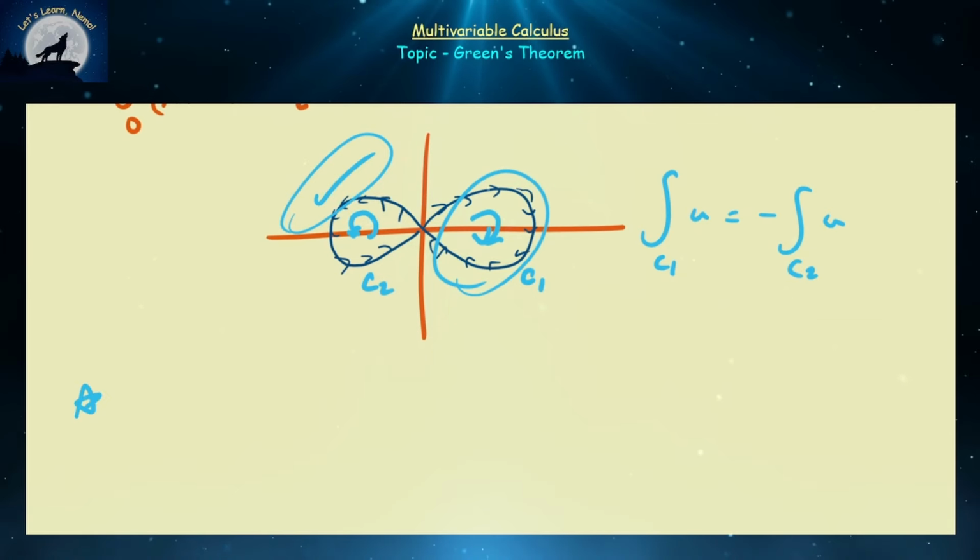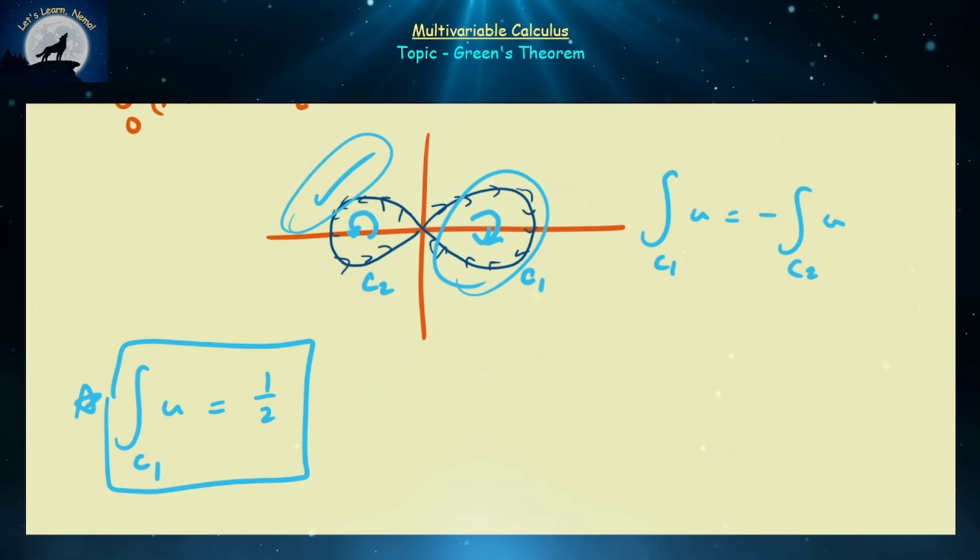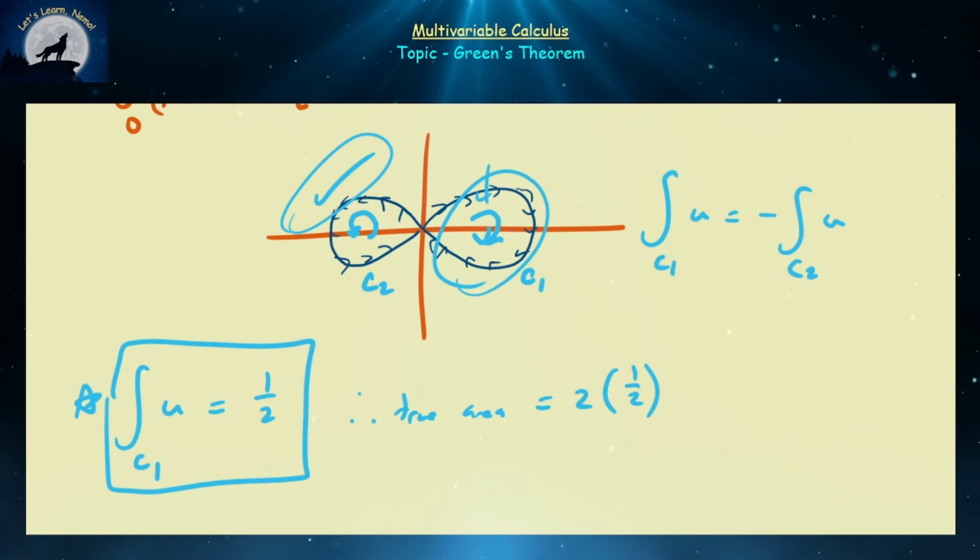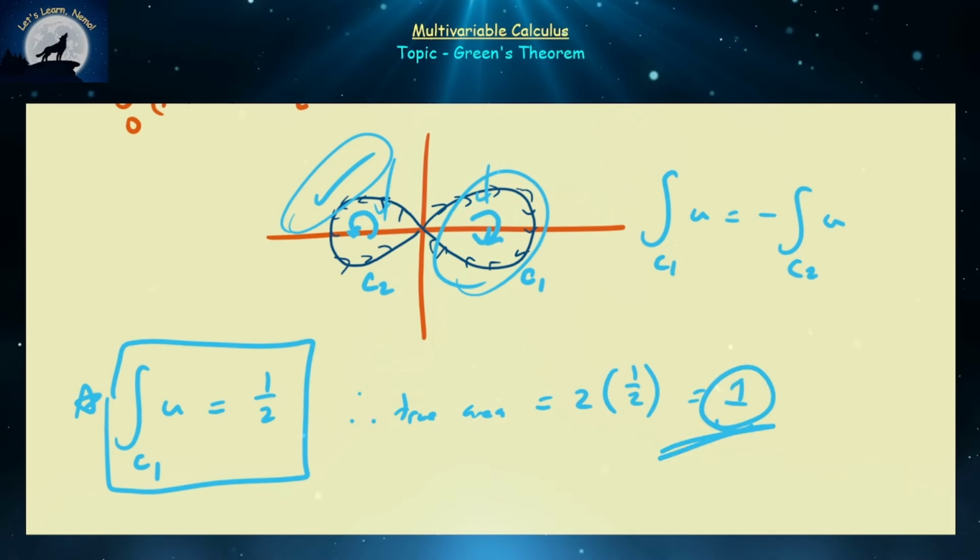All you have to do is just change your integral bounds, that the integral over c1 of u will actually be equal to just 1/2. Right? So that means that the true area will be equal to 2 times 1/2, and that's going to be equal to just 1. Right? And that's going to give us our total area.